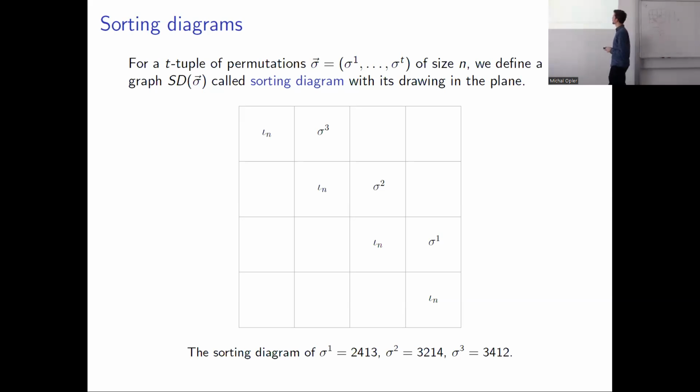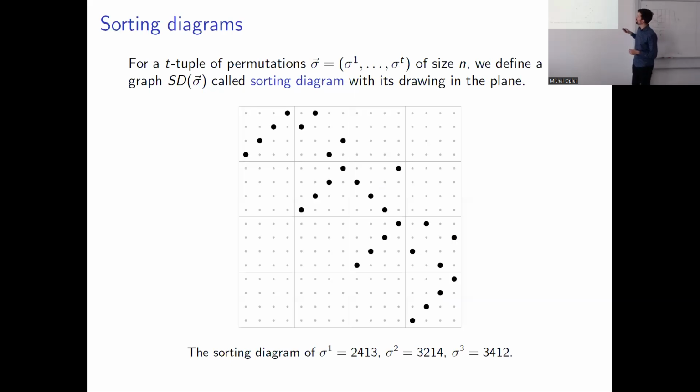And it's obtained by taking this (t+1) times (t+1) grid, putting increasing sequences on the diagonals, and then these permutations sigma 1 up to sigma t on the upper diagonal, where the neighboring cells share the same coordinates. So for 2, 4, 1, 3, 3, 2, 1, 4, 3, 4, 1, 2, I have here 2, 4, 1, 3, 3, 1, 2, 4, and 3, 4, 1, 2 here.